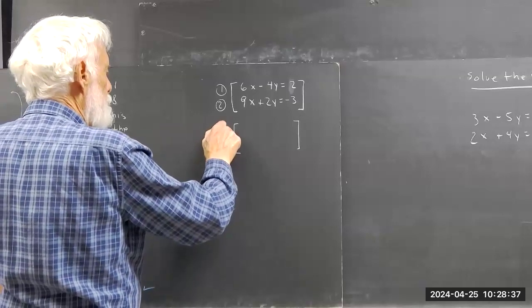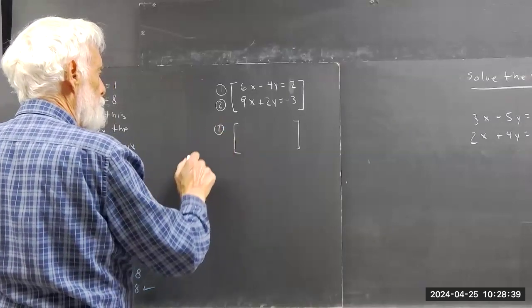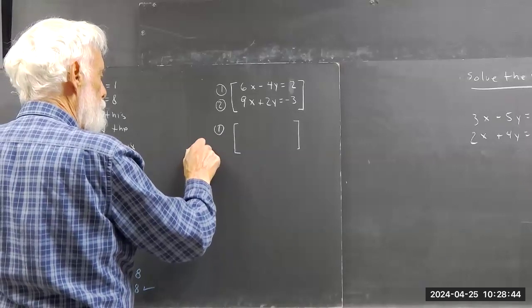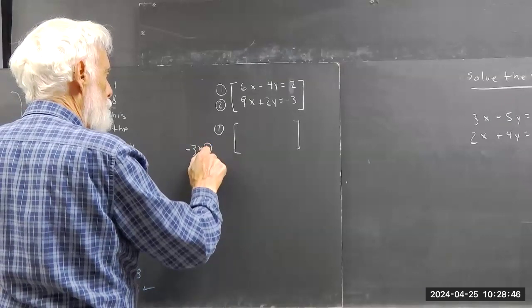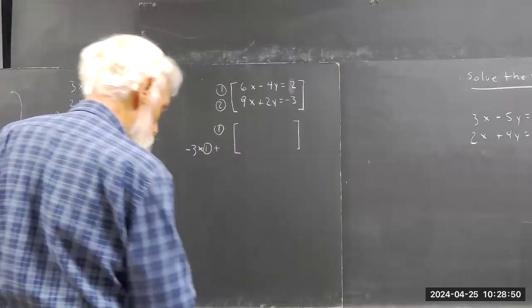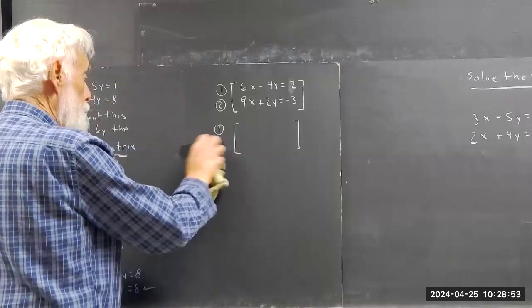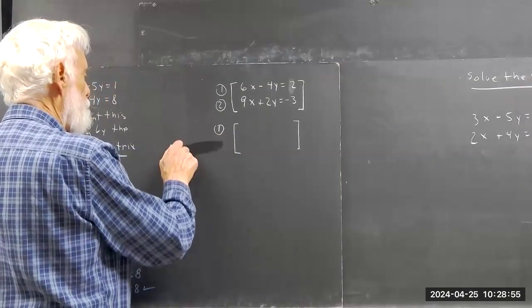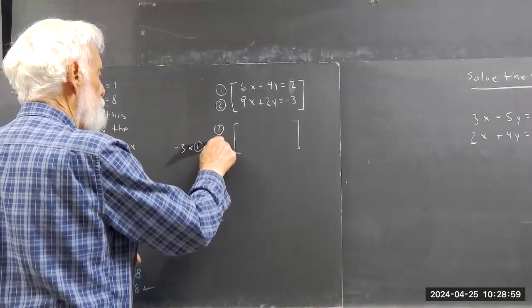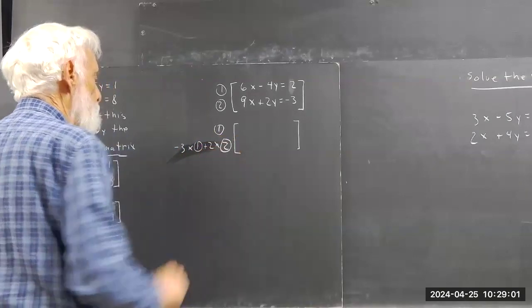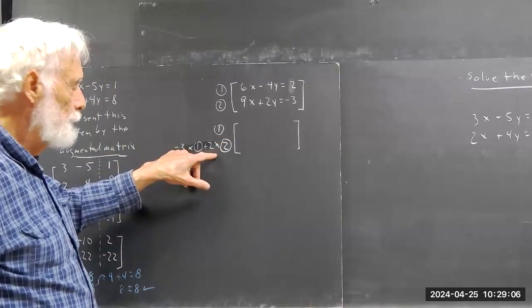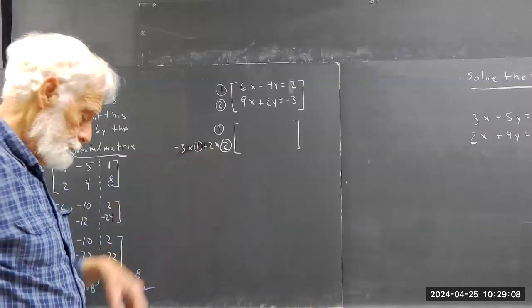I don't ordinarily use a fraction here, but leave myself enough room to write this. Okay, what you do, -3 times row 1 plus 2 times row 2.